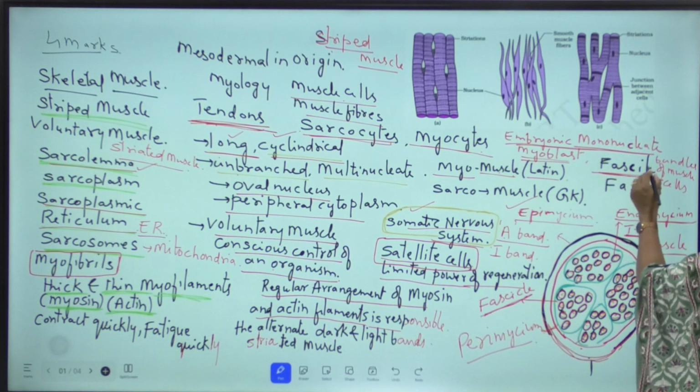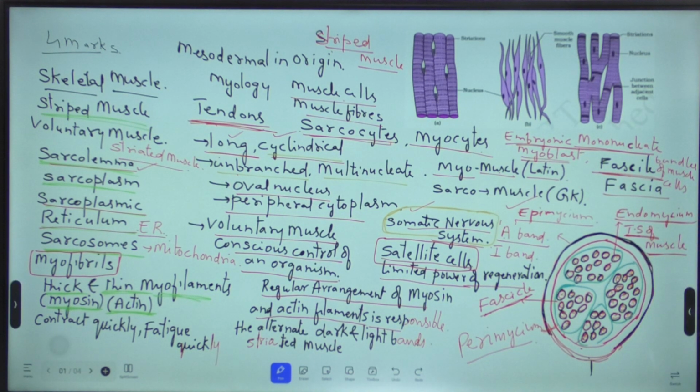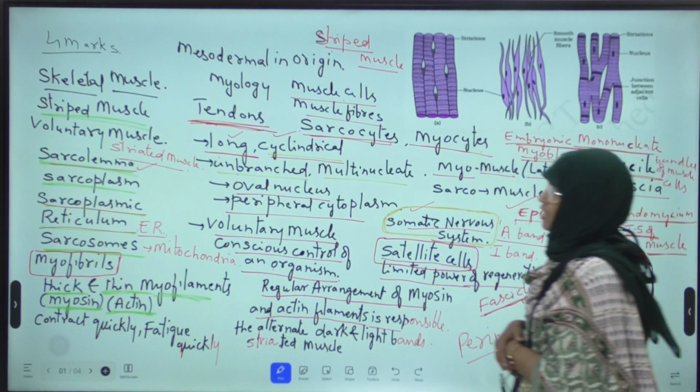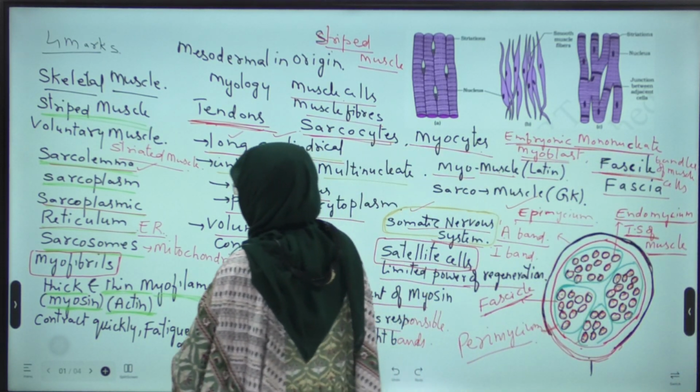These fascicles are held together by fascia. This is about the transverse section of muscle. With that, the description of skeletal muscle is completed.